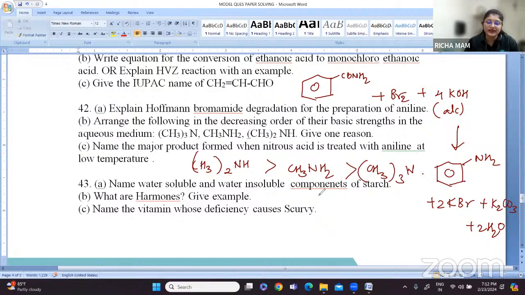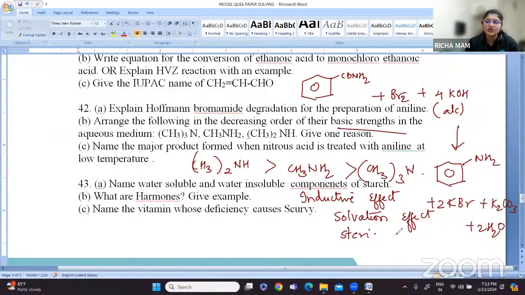Due to inductive effect, solvation effect, and steric hindrance, this is the decreasing order of their basic strength. So what is the reason? You can write any one reason: inductive effect, or solvation effect, or steric hindrance.